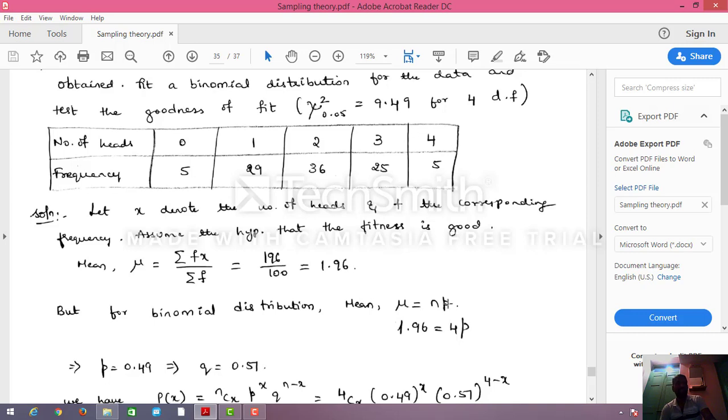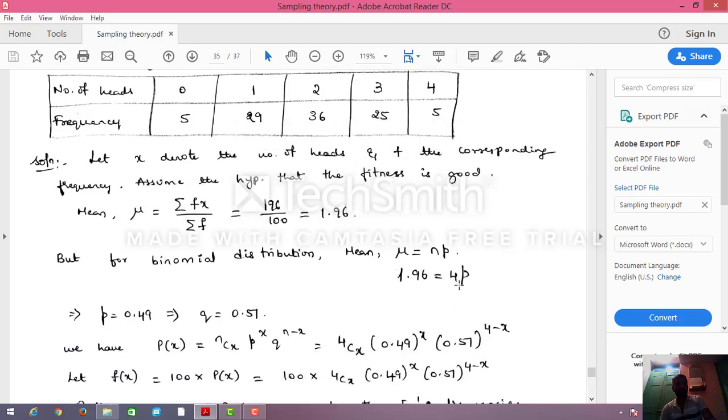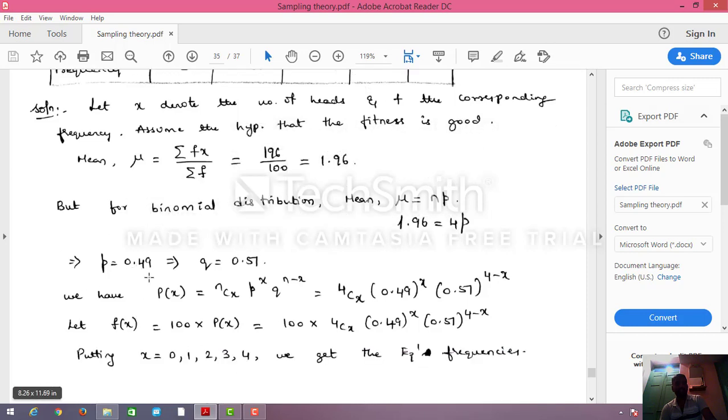N is nothing but 4. 4 into p equal to 1.96. 4p equal to 1.96. Now 1.96 divided by 4, p equal to 0.49. Once p equal to 0.49, q equal to 1 minus p, which is 0.51.